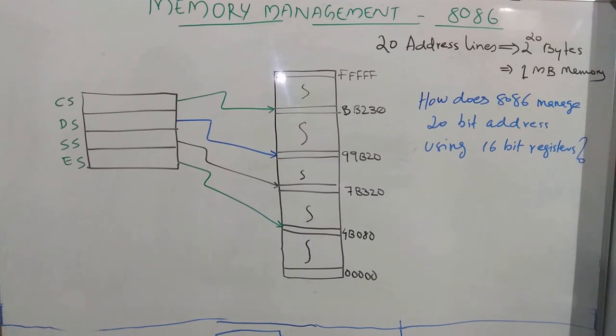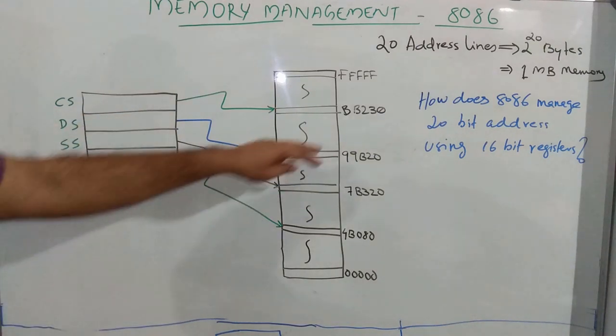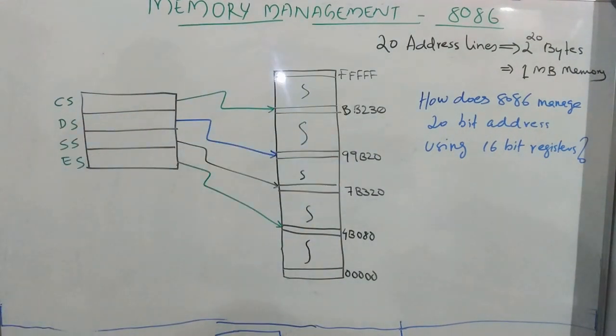Then what is done by 8086? The CS register points to a block starting with BB230, and we know the instruction pointer register, a 16-bit register, works in association with the CS register.